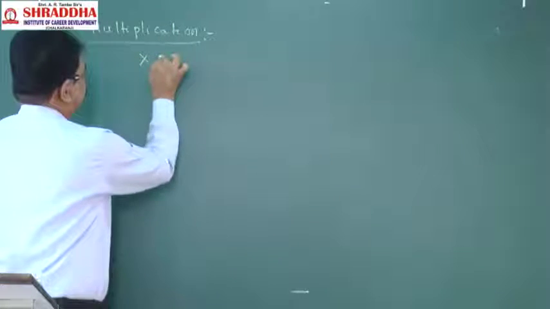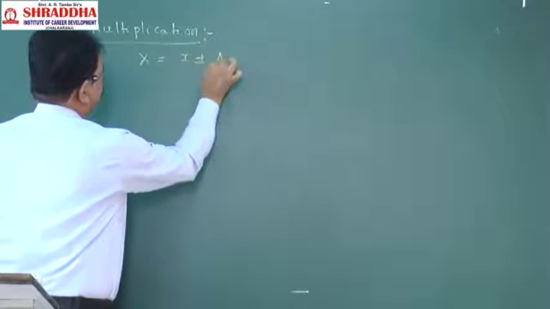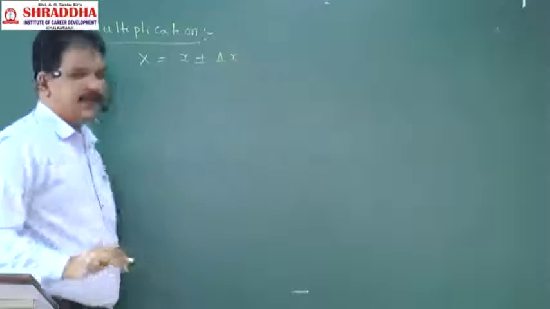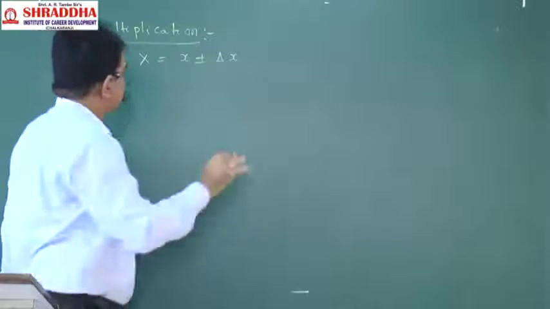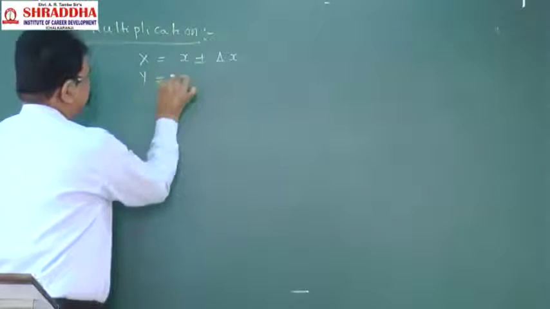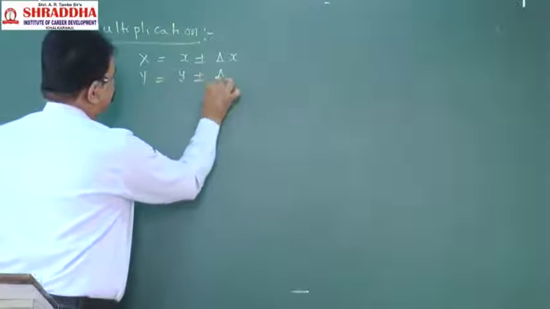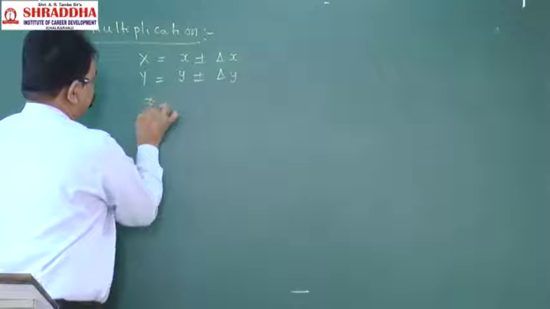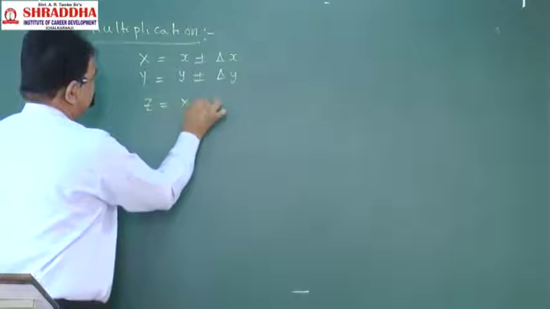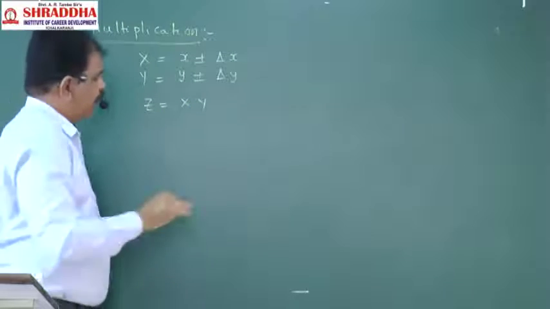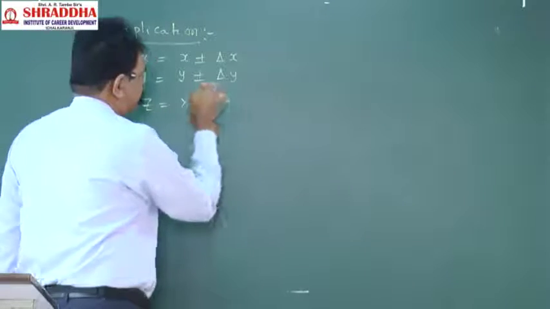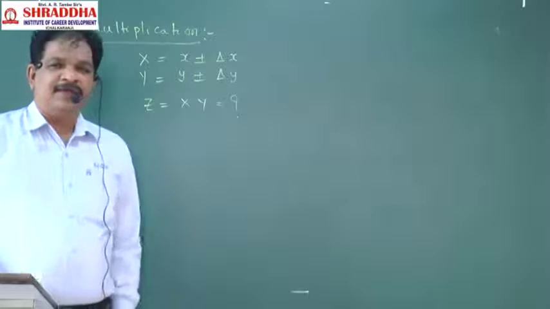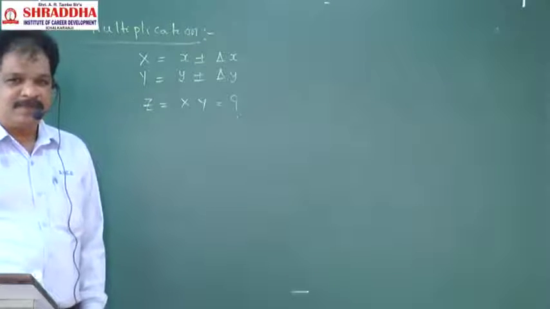Let x is equal to x plus or minus delta x, y is equal to y plus or minus delta y. You find z which is equal to xy. Like that, a question will be there.